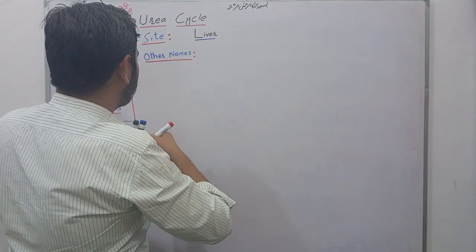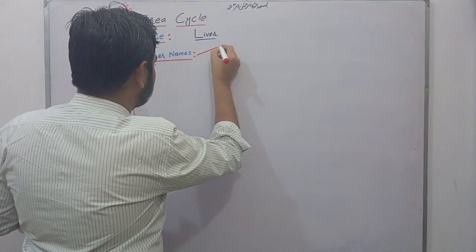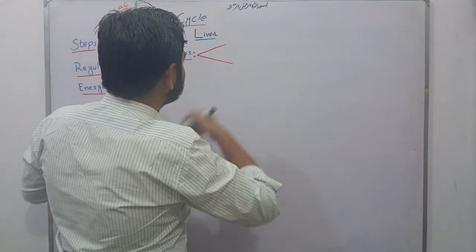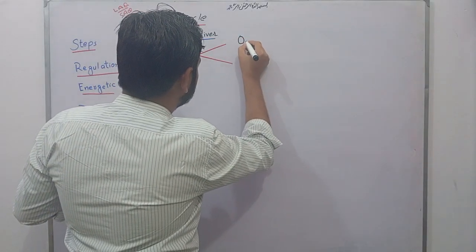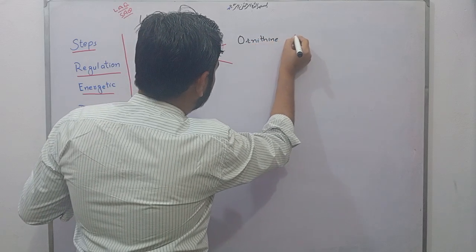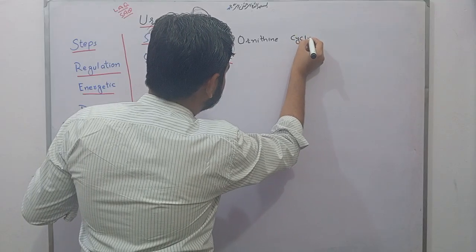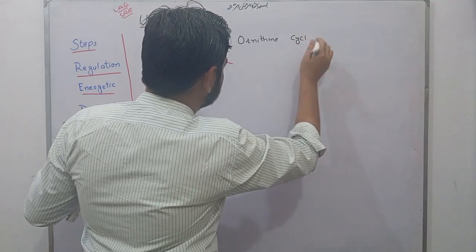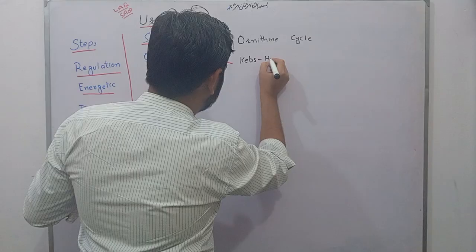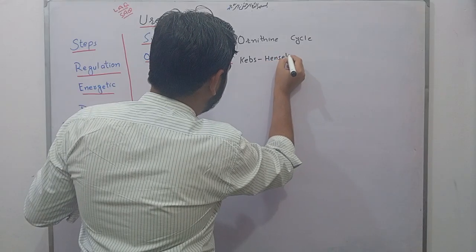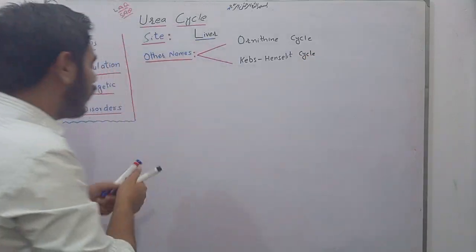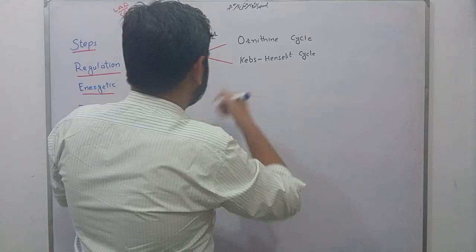The other names include ornithine cycle and Krebs-Henseleit cycle. These are the other names of the urea cycle.